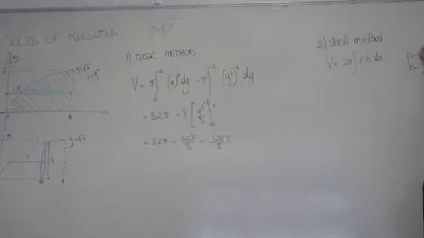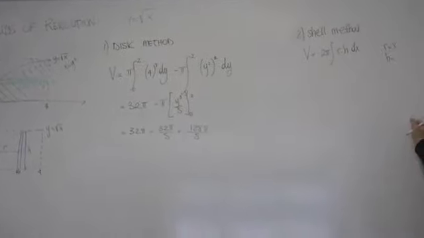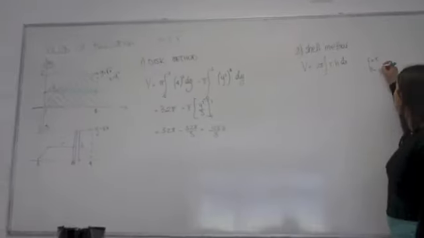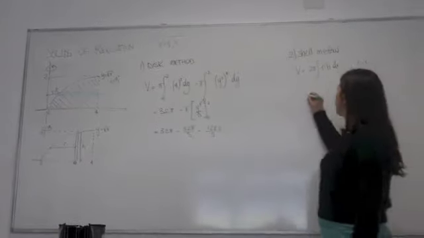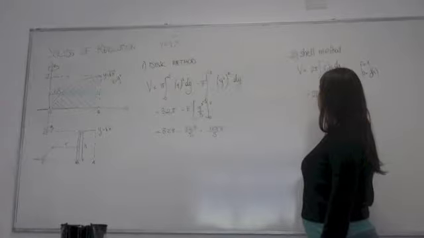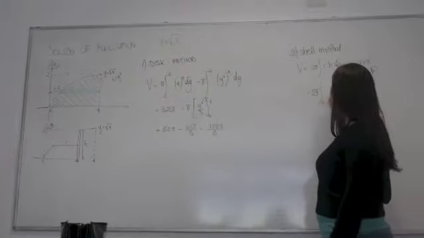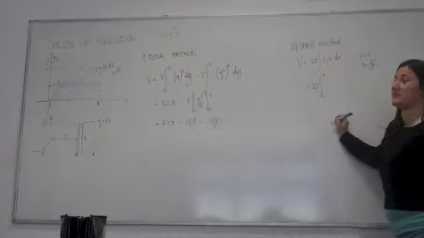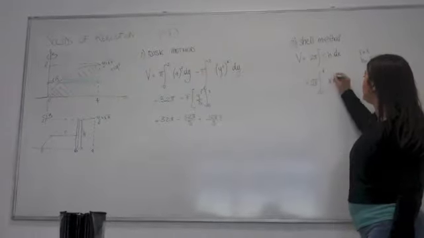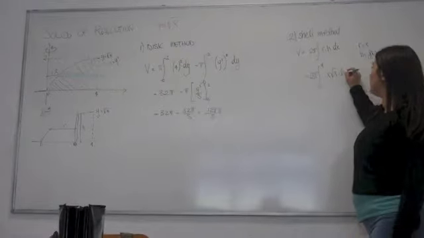So R is x, H is f of x. So this is the integral from 0 to 4 of x square root of x dx.